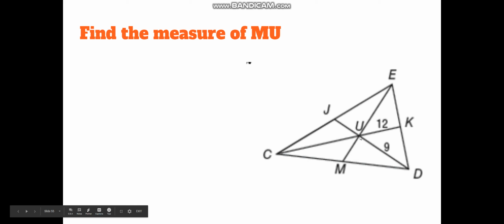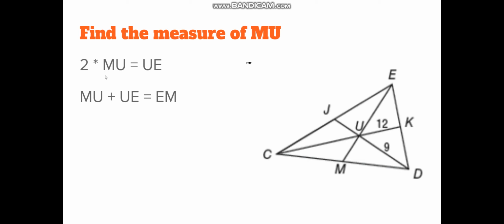MU. If we want to find MU, this one's a little bit more interesting because what we were given in the problem, it's not marked here, is that EM is 21. EM, the whole thing, is 21. So we know that UE is twice MU.